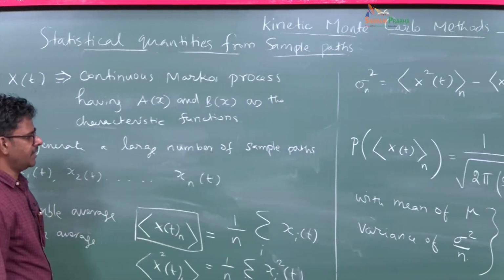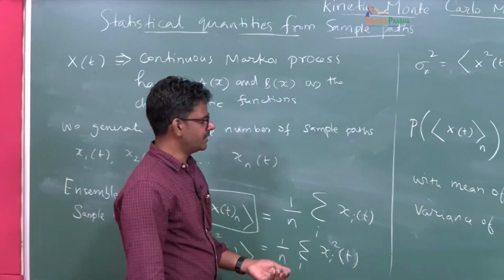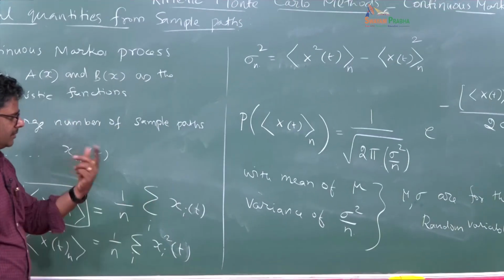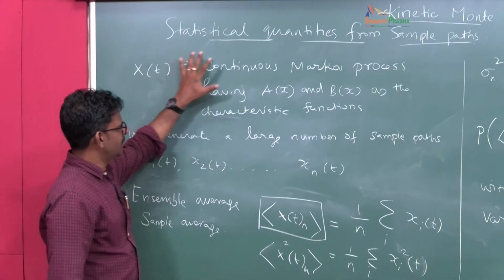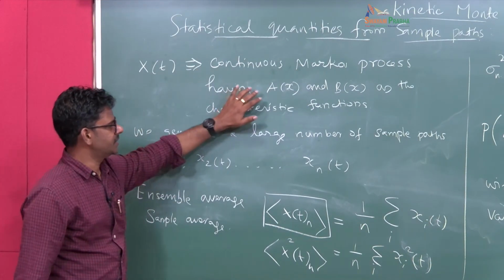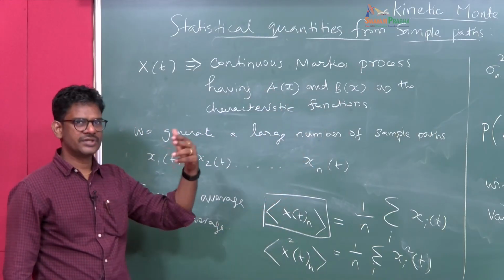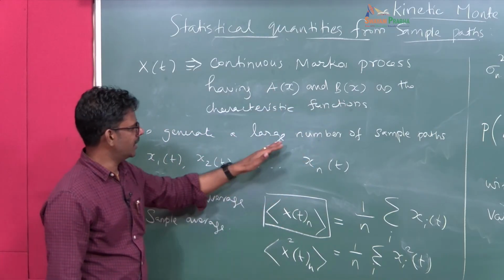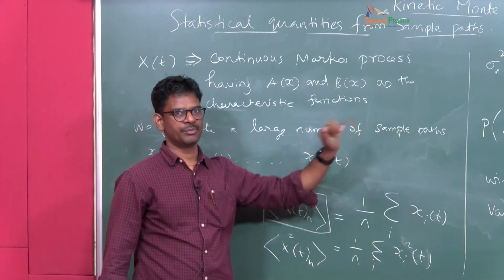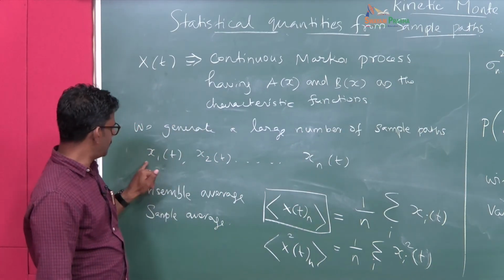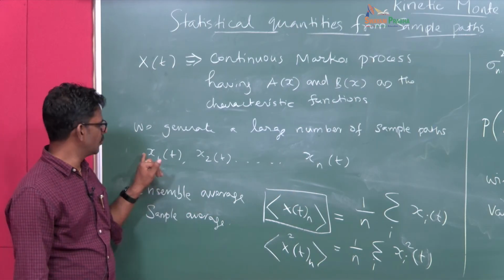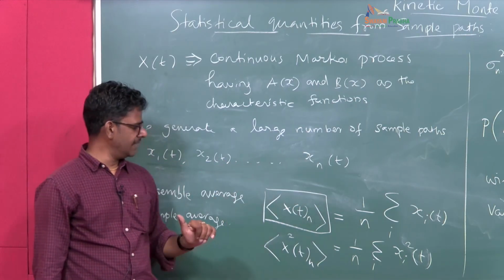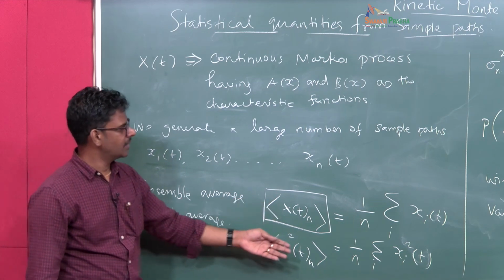and what we are trying to find out is, okay, let me dial back. So what I am trying to say here is, we have a Markov process with a characteristic function, and through some kinetic Monte Carlo method, I am able to generate a large number of samples, and the realizations for a given time t are given here. So over this ensemble of points, I can calculate the mean and the variance.